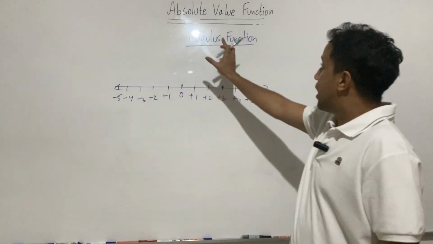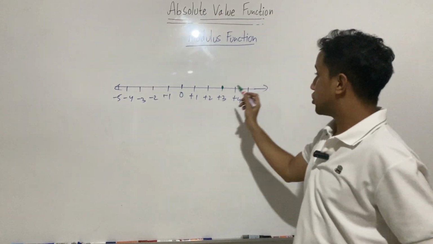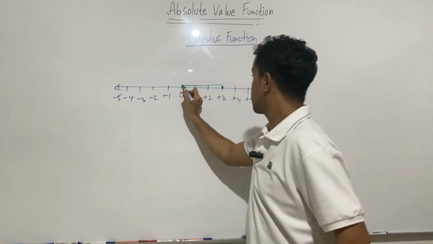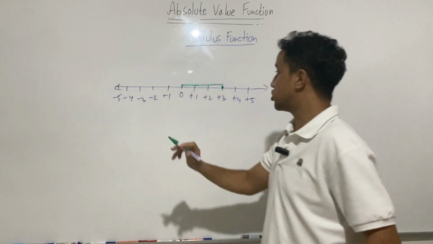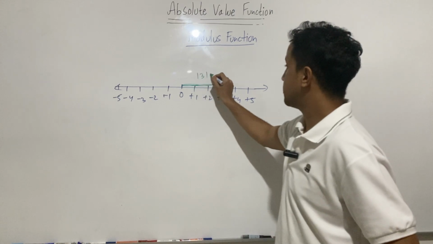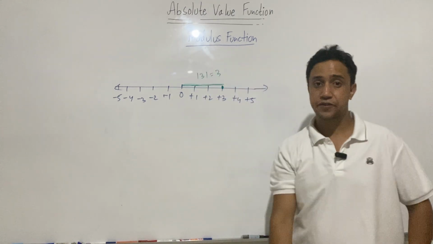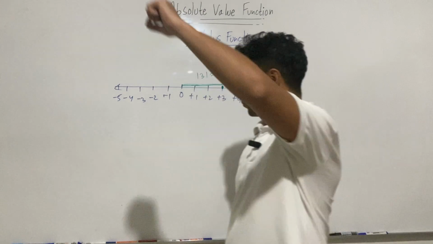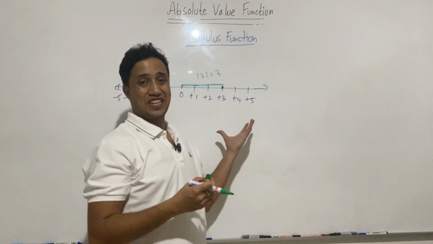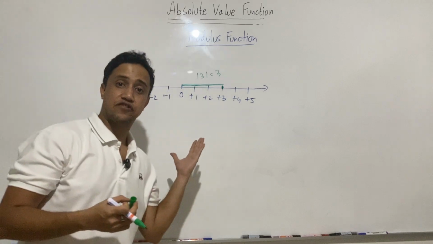The absolute value function is going to be this distance, which is going to be 3. And it may happen that my point is on the left side of the region.